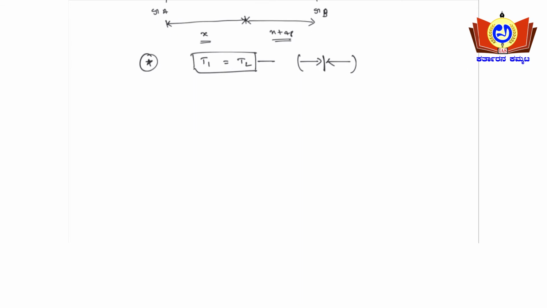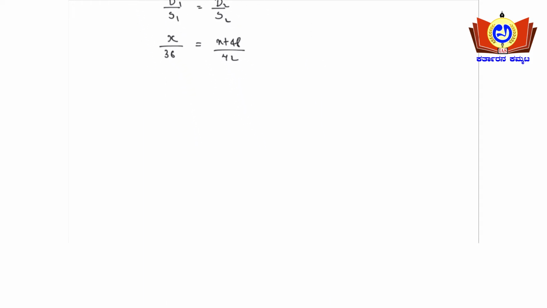So T1 will be D by S and T2 will also be D by S, with D1, D2 and S1, S2. So X by 36 will be equal to X plus 48 divided by 42. I'll be solving this here.